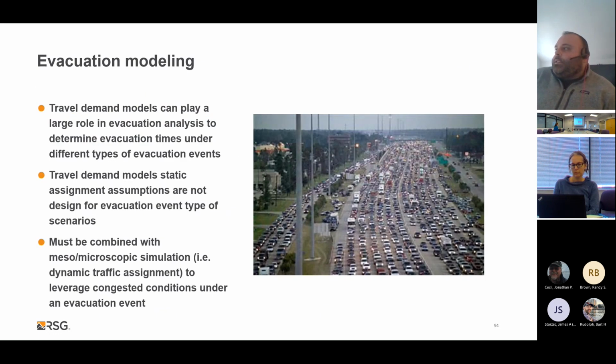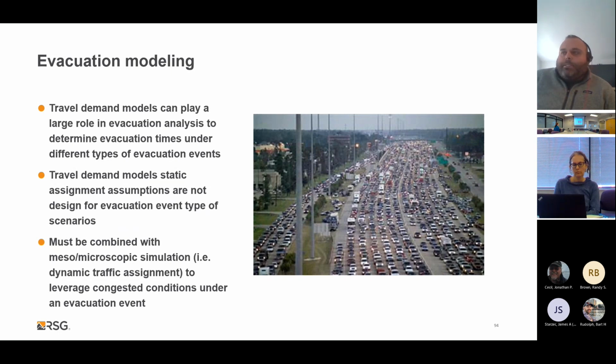And some other things that you can use the travel demand model for that have been used in other regions: you can do evacuation modeling with the travel demand model. It's important to note that you need to combine evacuation modeling with another meso or microscopic simulation. This is to capture congested conditions under an evacuation event.